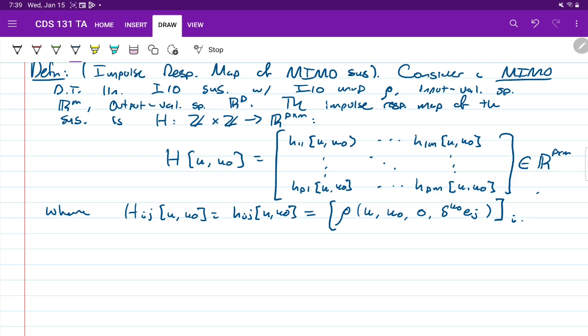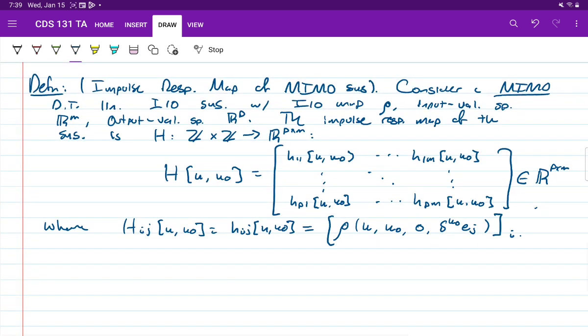Okay, so the impulse response map of a MIMO system is a matrix-valued function where entry ij represents the effect of an impulse applied in input coordinate j on output coordinate i. So entry ij tells me how input in j will affect output in i.